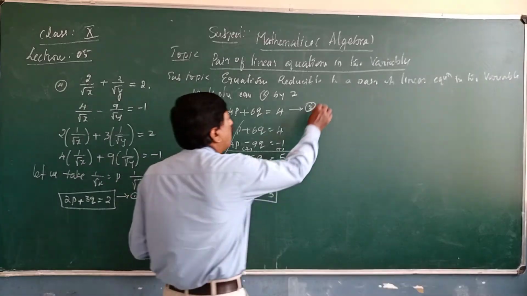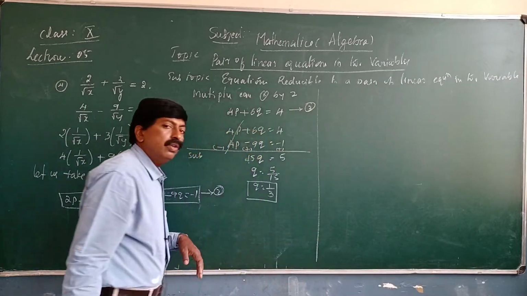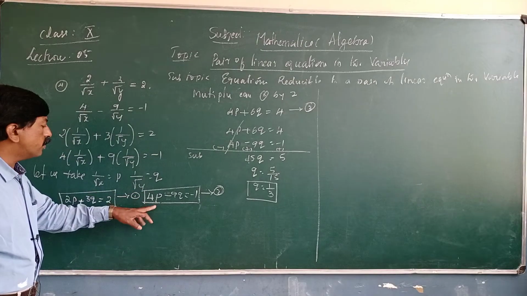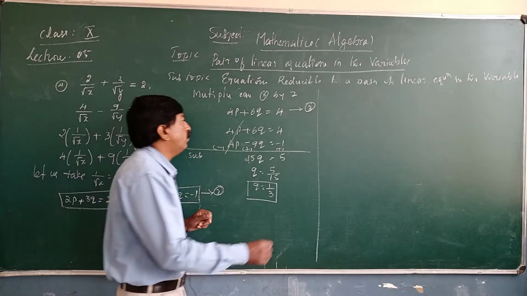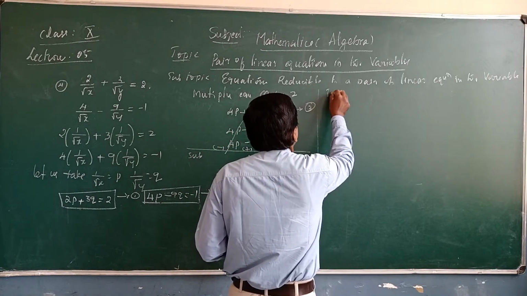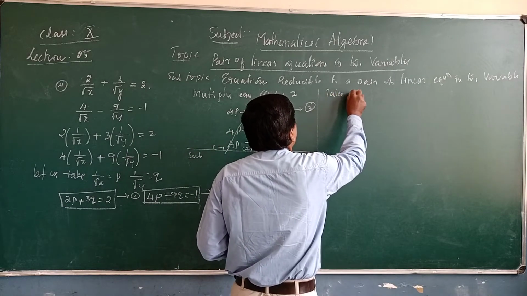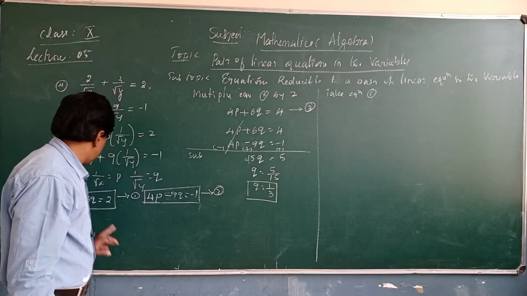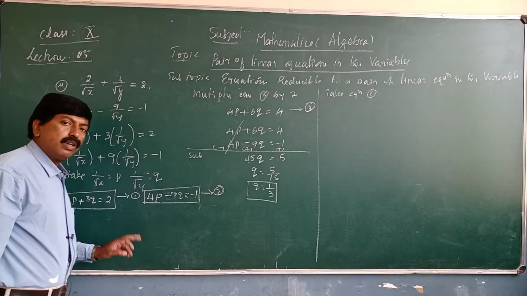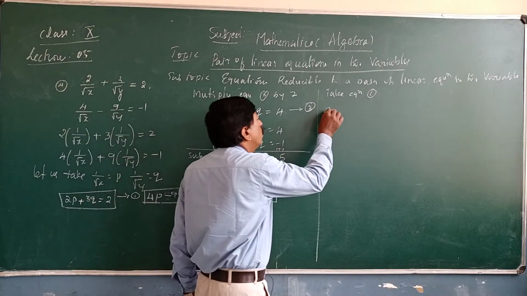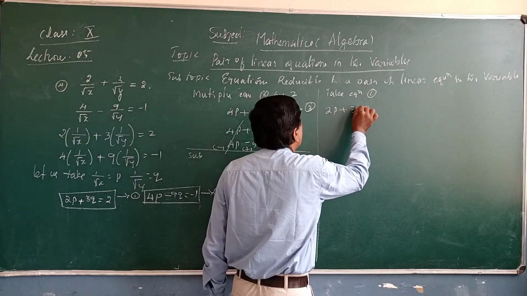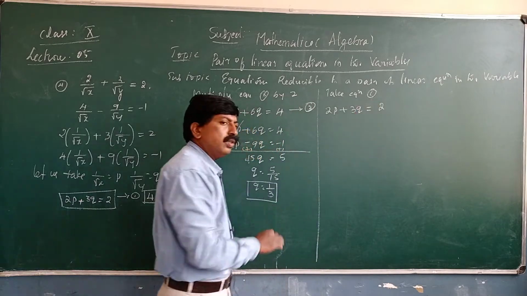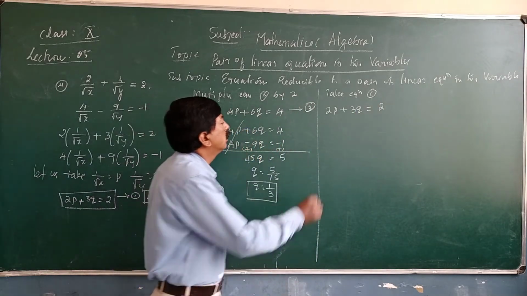Now after calculating the q value, we want to find the p value. For that you can take the first or second equation. Let us take equation 1. What does equation 1 say? 2p plus 3q is equal to 2. Substitute q is equal to 1 by 3.